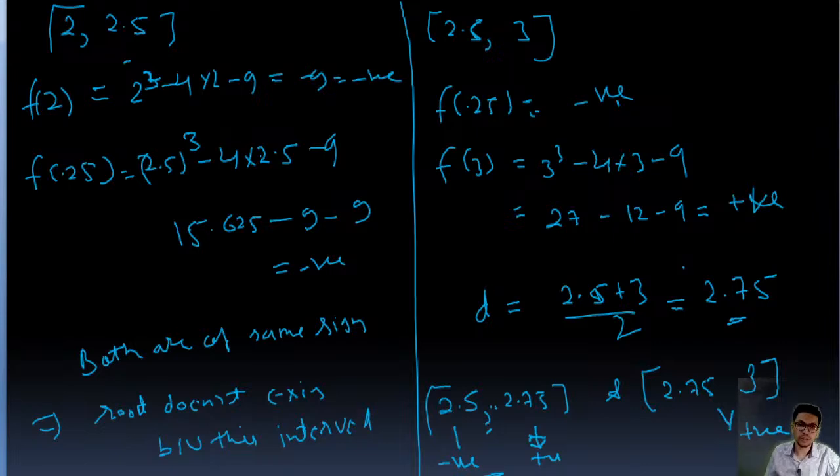Now there's a question which was asked in CSIR NET, which I'm going to solve. So 2 iterations means this is the answer. The question is from CSIR NET June 2023.